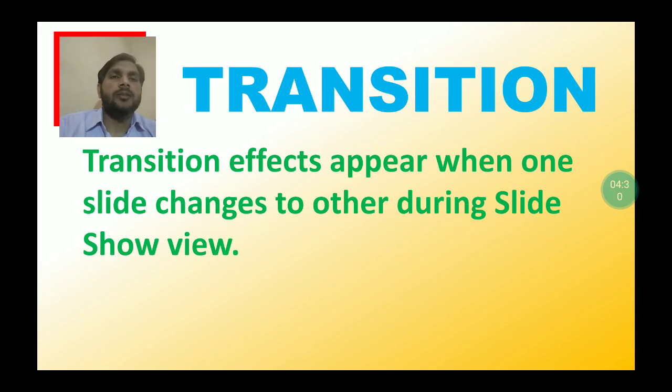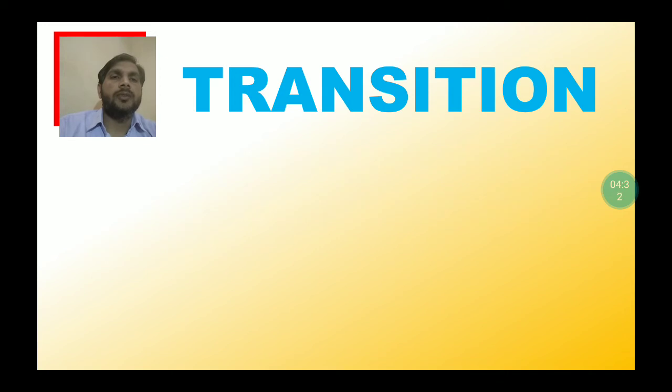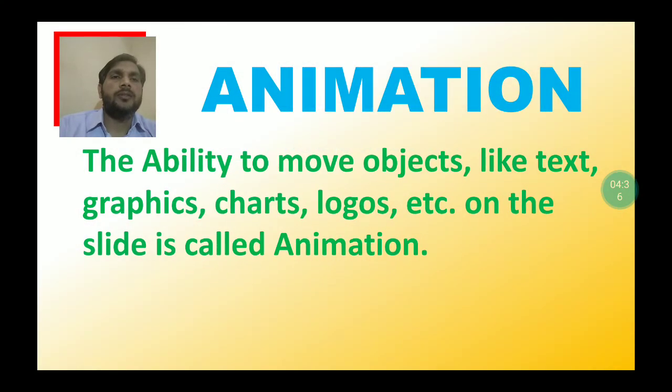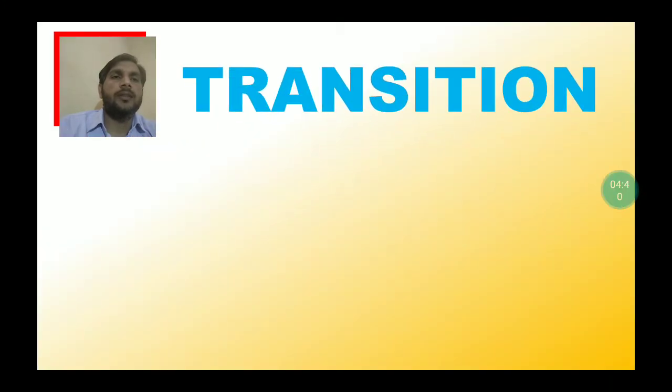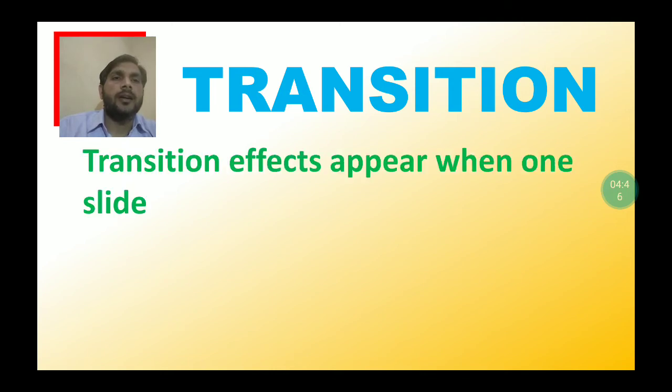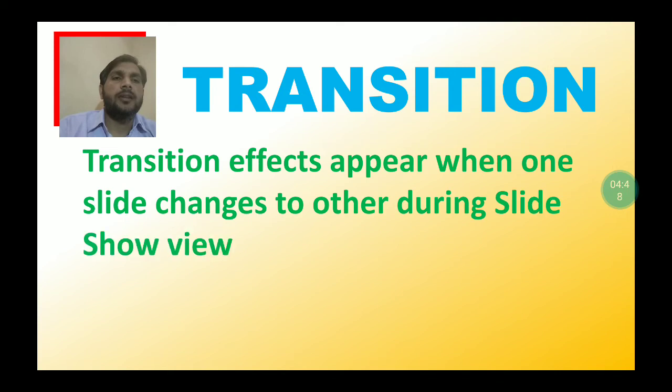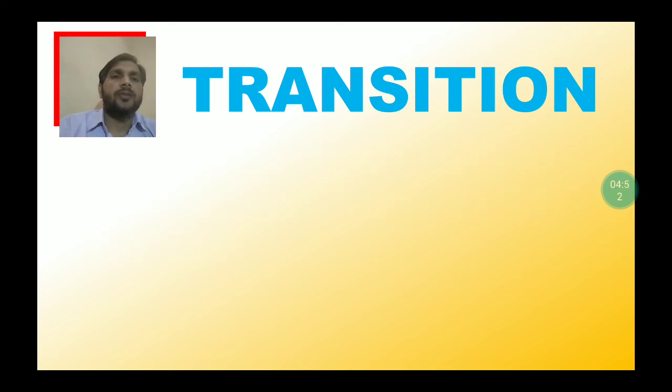Once again you can look at it. This is animation that has been removed. This is transition. Once again look. This is transition. The previous slide changed to this slide, and this is animation on the text or on the screen.